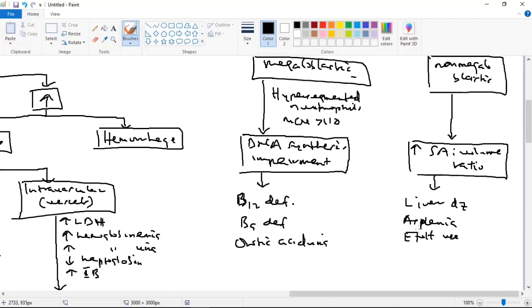Or they give you a patient that has megaloblastic anemia and the patient does not respond to B12 and folate supplementation. Now that rules out B12 and folate deficiency. You have to look at other things like orotic aciduria, as well as a condition called myelodysplastic syndrome, which is a pre-leukemia syndrome where there's abnormal differentiation and maturation of myeloid cell lines.